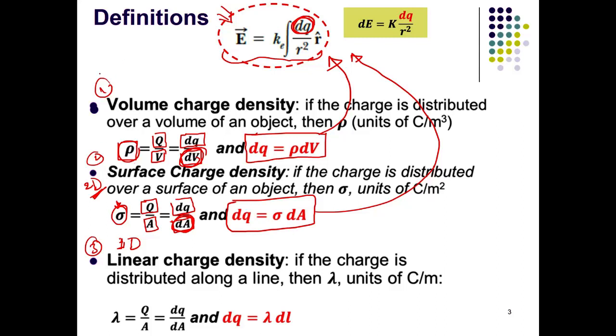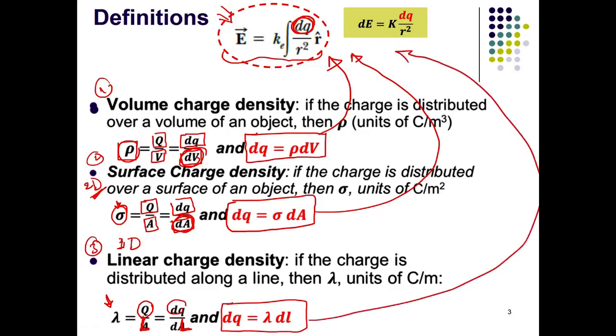In this case, the charge density of the rod is lambda, equal to the total Q of the rod divided by L. I think this is a mistake on the slide, it's not A, it should be L. I'm going to correct this on my PowerPoint. So it is equal to dq divided by dL. In that case, dq is equal to lambda multiplied by dL. So when you have a one-dimensional case, most probably you're going to use this.